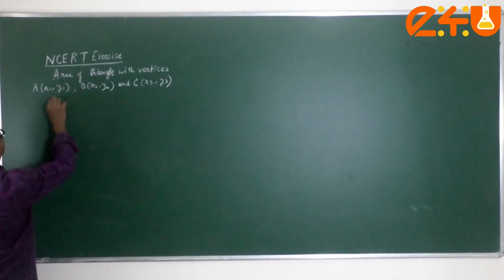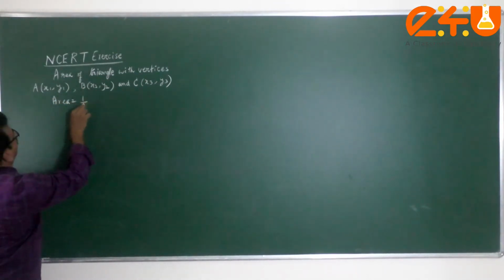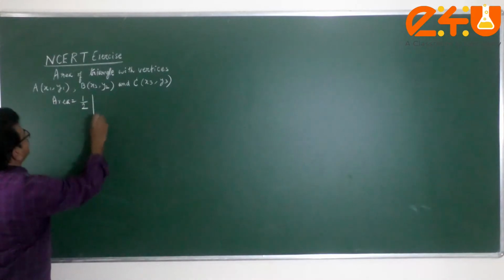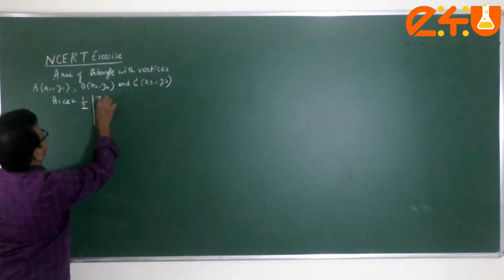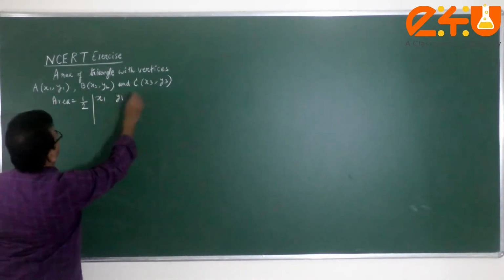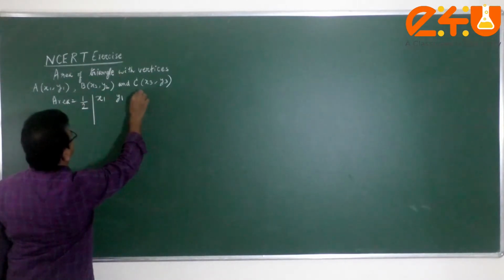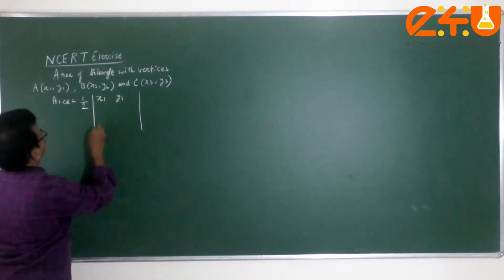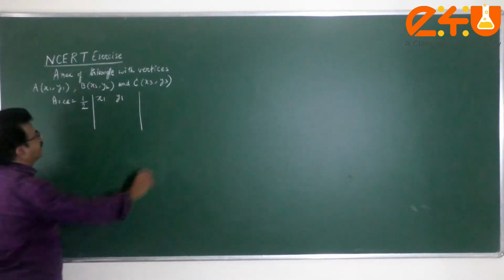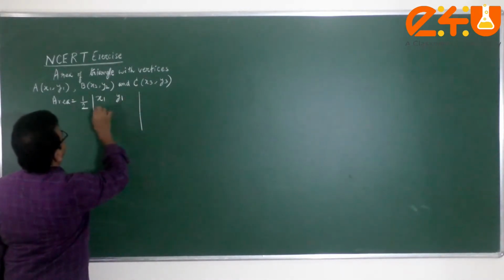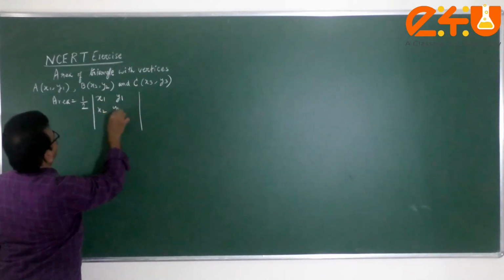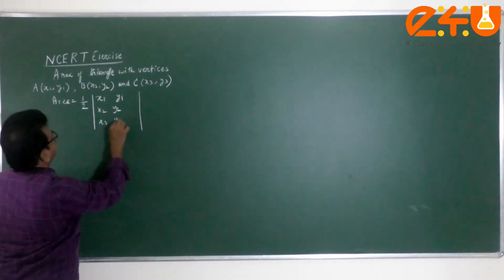Then the area is given as 1 by 2 of the determinant. Okay, it's a two-dimensional triangle: x1, y1, x2, y2, x3, y3.